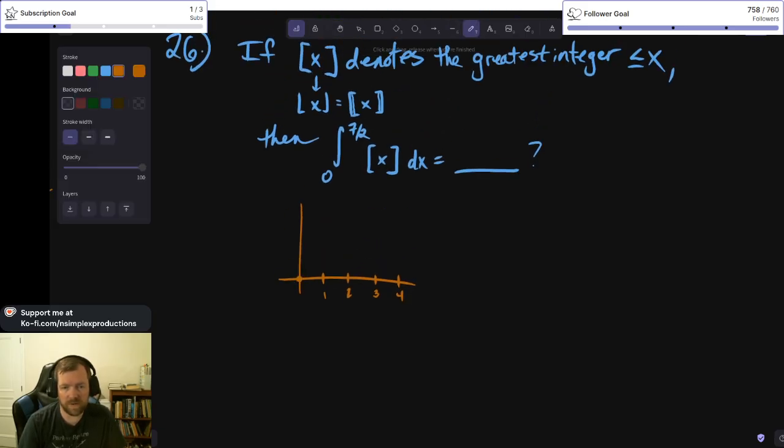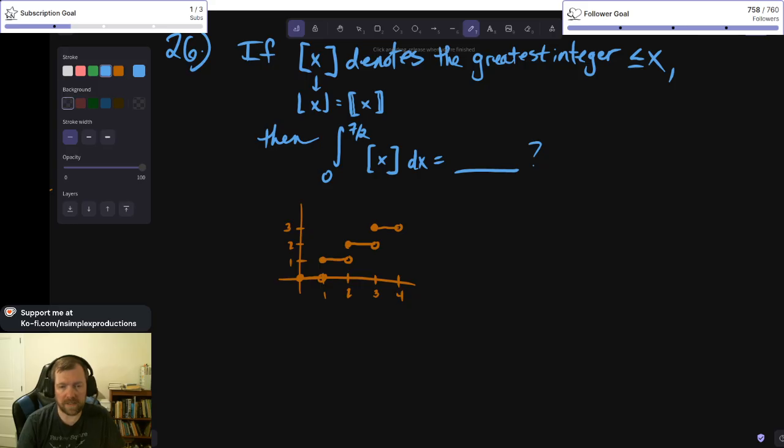So we start with closed at 0 going to open at 1, up to closed at 1, 1, going to open at 2, 1, closed at 2, 2, open at 3, 2, closed at 3, 3, open at 4, 3.